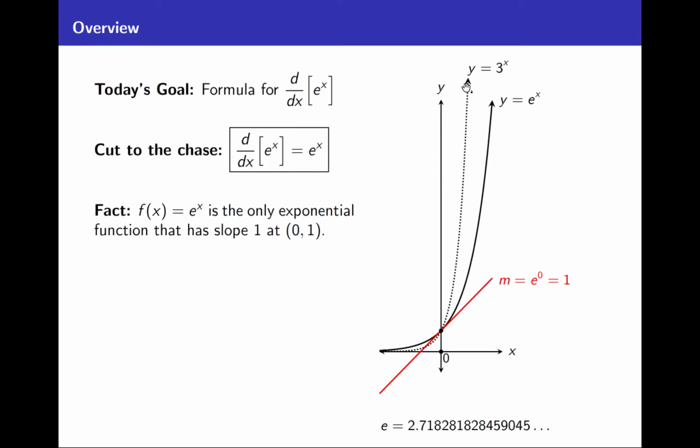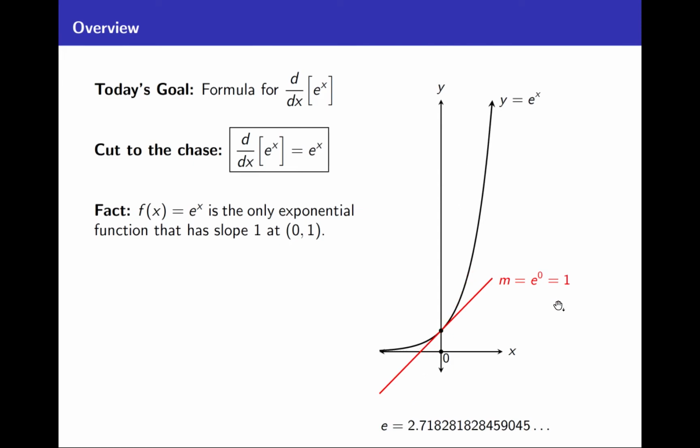On the other hand, think of the exponential function 3 to the power of x. 3 is bigger than e, so this exponential function is steeper than e to the power of x. And if you look at the slope of it at x equals 0, that slope is greater than 1.